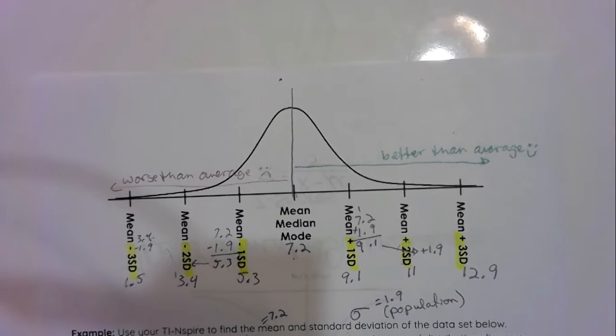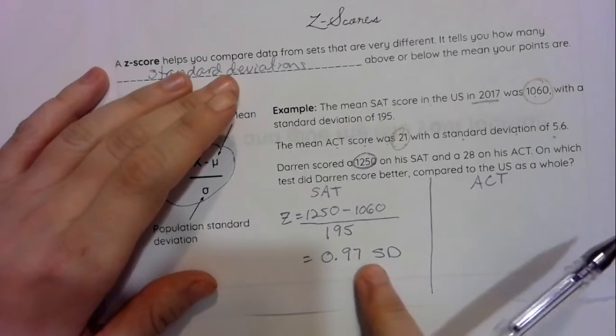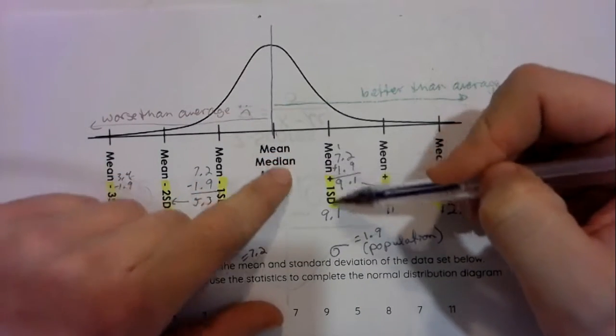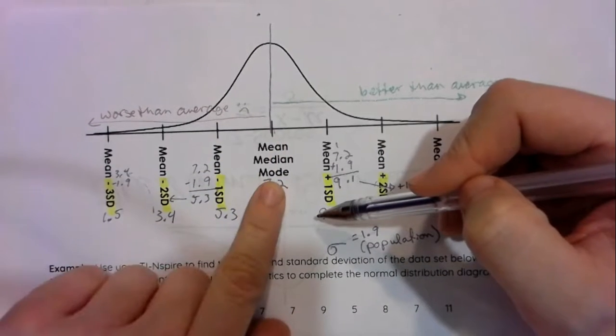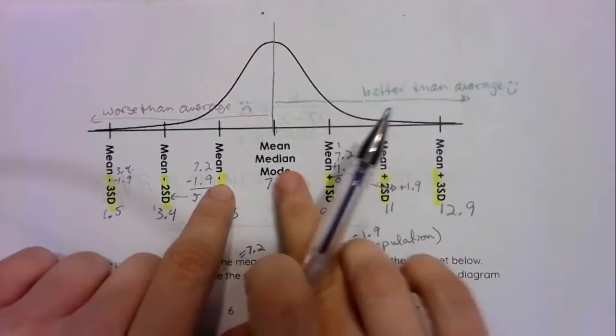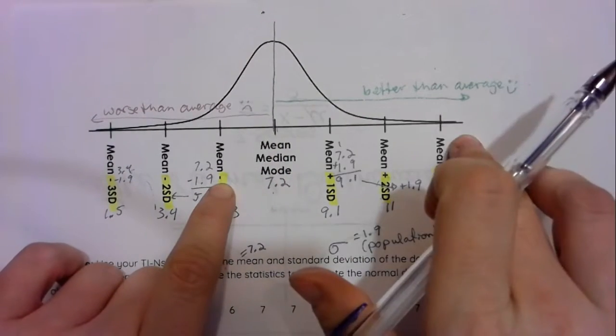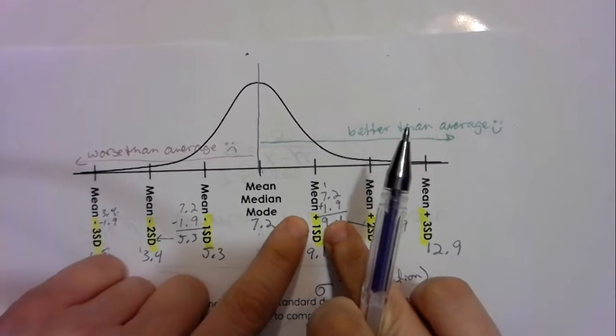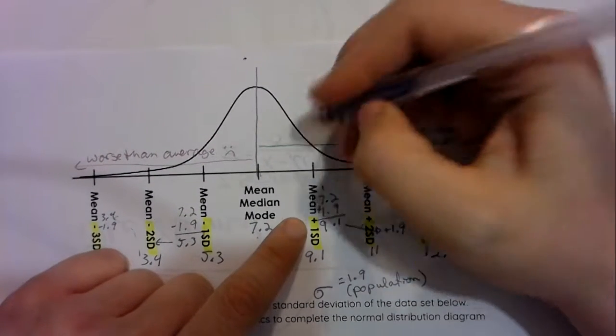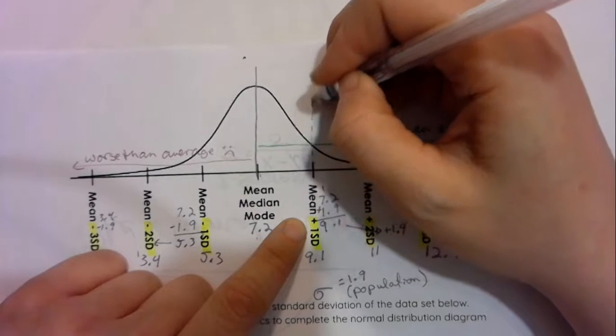So where's Darren in this? Darren, as we said, was 0.97 standard deviations above the mean. So where is 0.97 going to be on here? Well, it's a positive number, so he did better than average, but it's not quite 1 standard deviation. It's just slightly below.